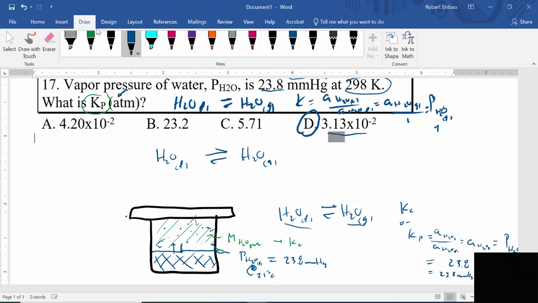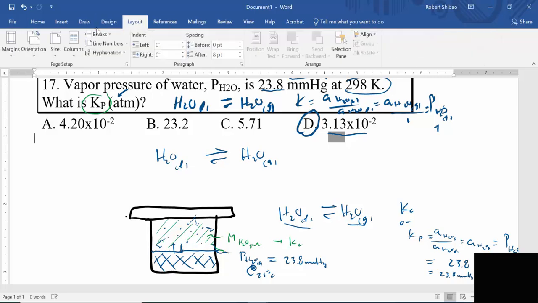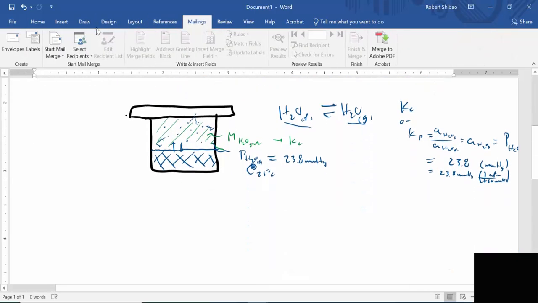or we'll just do this, 1 atmosphere is equivalent to 760 millimeters of mercury. So we can express our Kp value in terms of atmospheres too. And so all we do here is just cancel out the millimeters of mercury, and then we end up with atmospheres. But then we drop the units again.